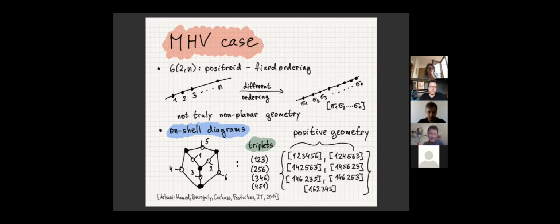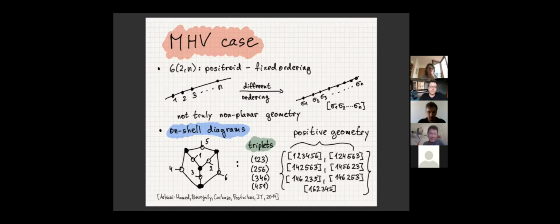Now, of course, this is nothing new because we just reorder things in this geometric setup, but we can then consider non-planar on-shell diagrams or plabic graphs. Generally, these graphs will not correspond to a single ordering of endpoints on a line, because of course there is no cyclic ordering in a graph like that.